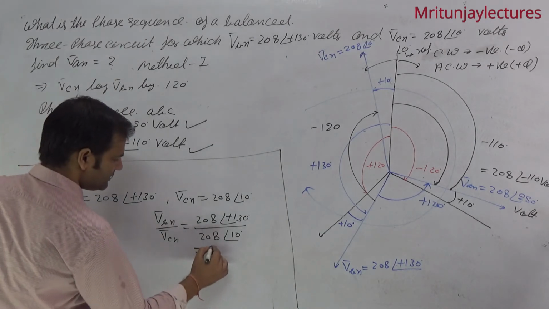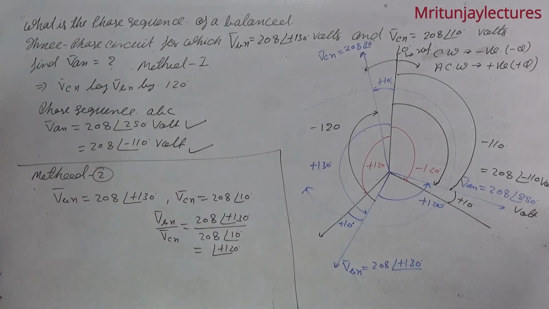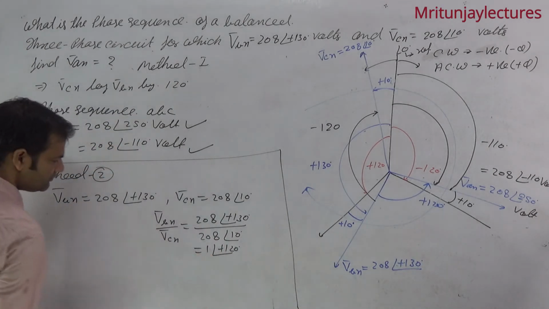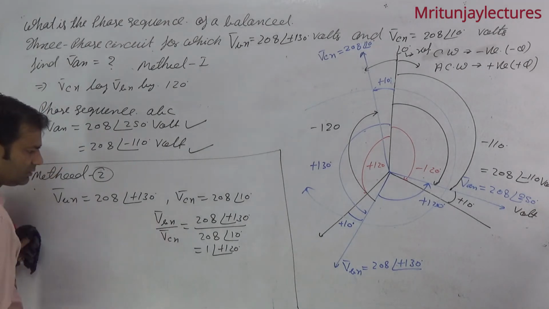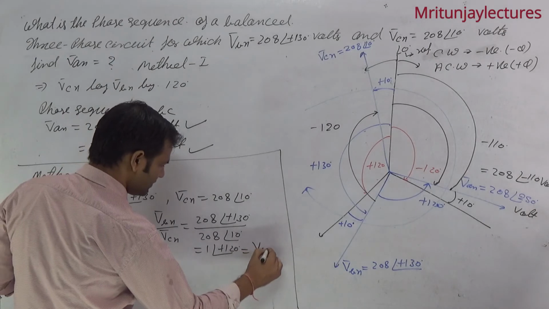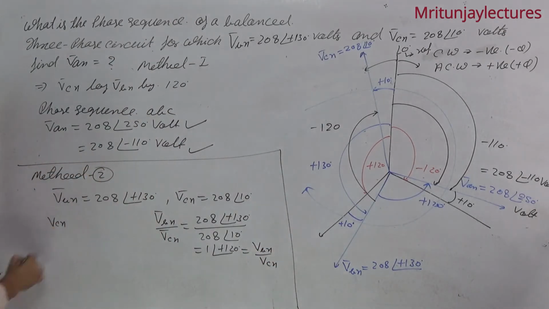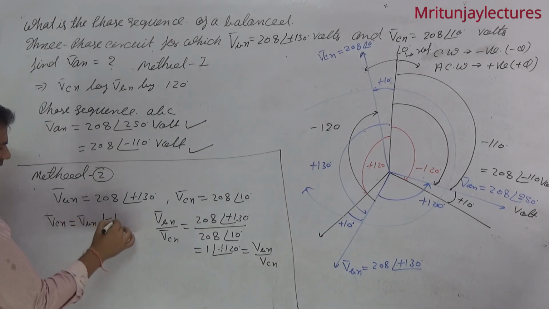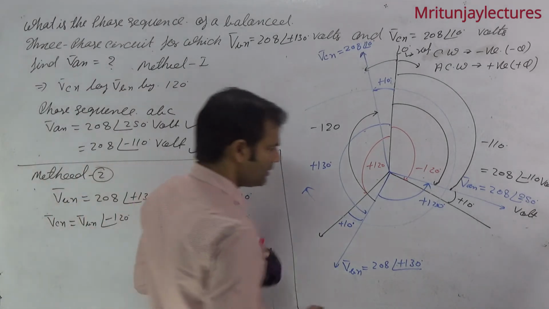This is plus 120. So VCN is equal to VBN at the angle minus 120.